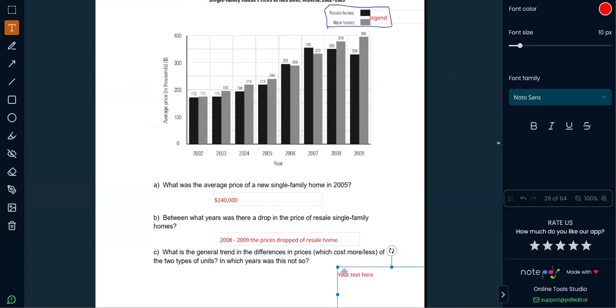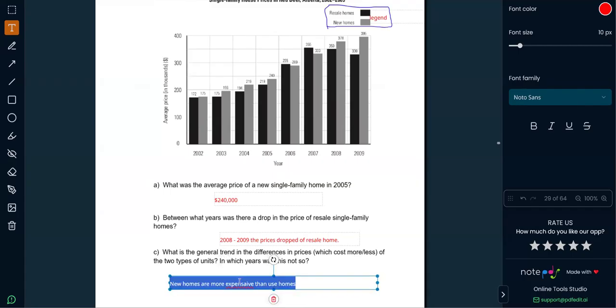And then question D here is what's the general trend? So which costs more or less? Usually, there are a couple of, we call them outliers, but usually new homes are more expensive than used homes, right? That's not outlandish to really think about, and that's what the data here shows us.